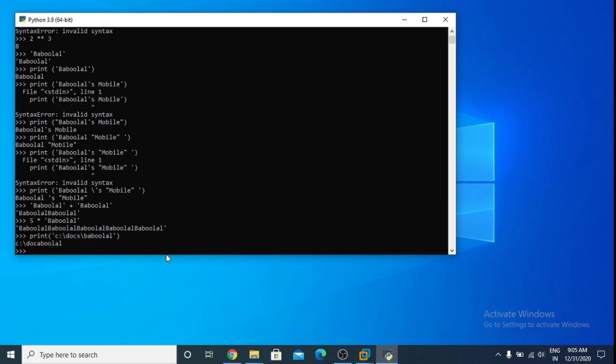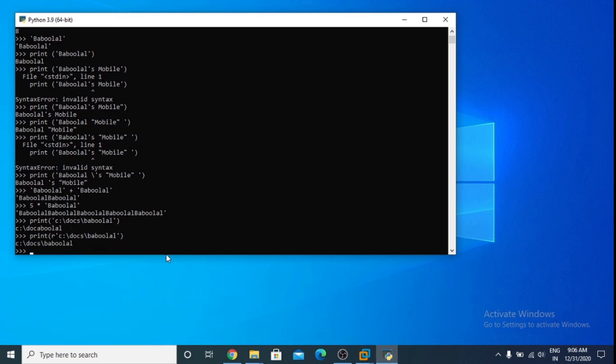So let's try. Here R is used for a raw string.